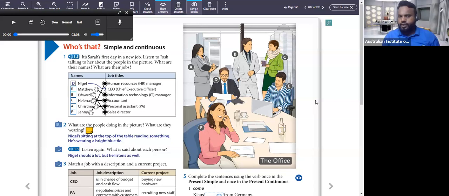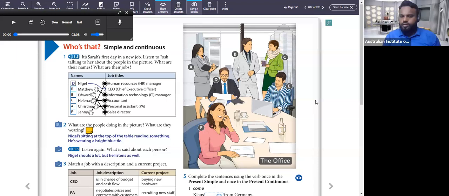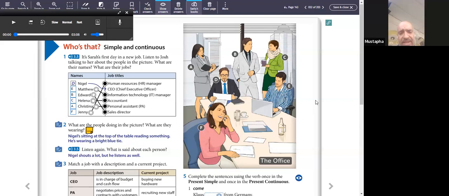Last one, Jenny, number F. Jenny, she wears trousers with a dress or shirt. Yeah, what color dress? Purple. Purple skirt. Okay, yep. She's wearing a purple skirt. Okay, and she is talking on the phone.